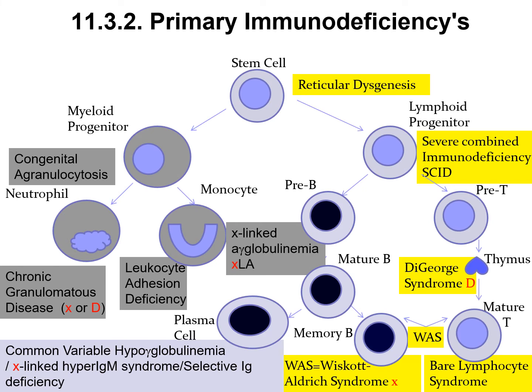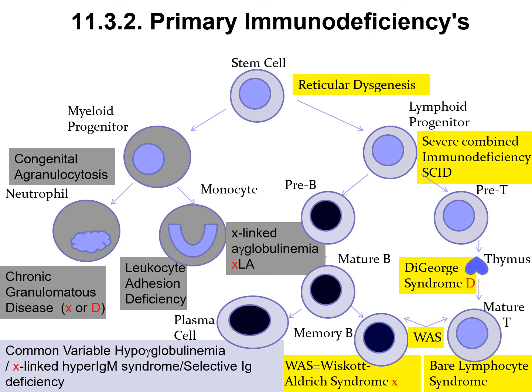Right, so primary immune deficiency, these are in yellow. So those are the problems in the gray. So reticular dysgenesis affecting directly the stem cell. If it affects the lymphoid progenitor, it can be severe combined immunodeficiency.